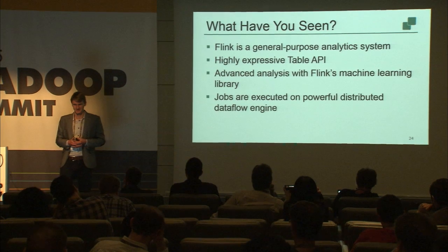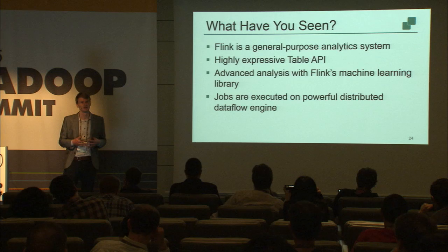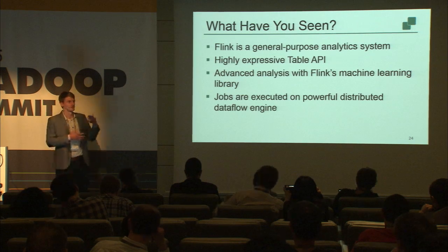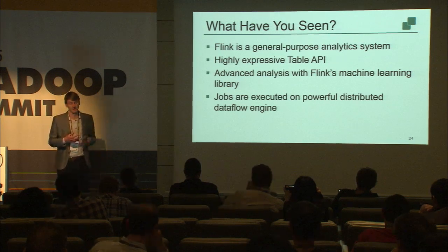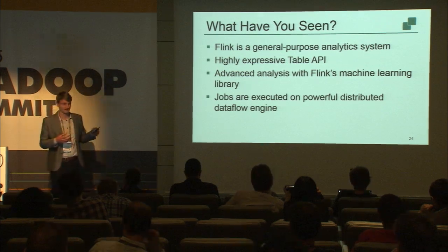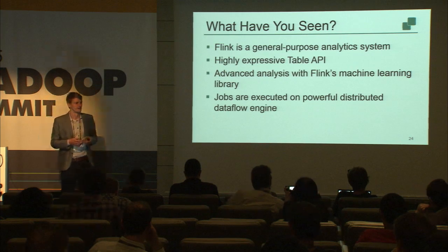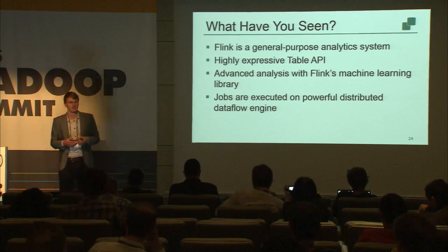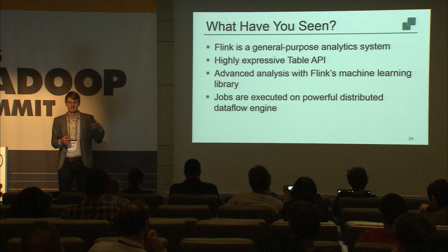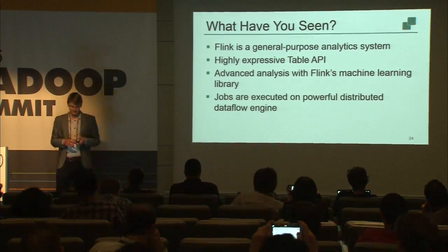But Flink also is a good fit for more advanced analytical stuff where you need iterations and have complex data flows. That you can do with Flink, and all the jobs you create with it have really good performance because they're executed on the powerful distributed dataflow engine.